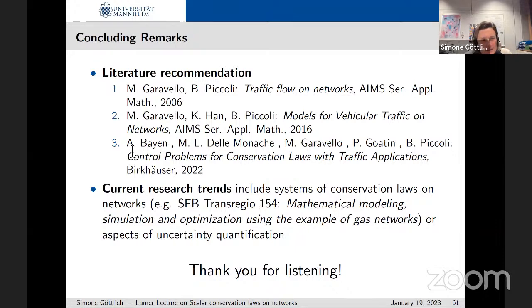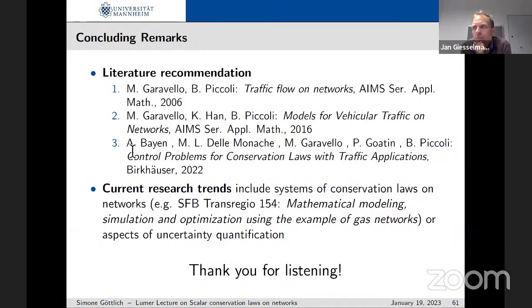I guess that it's still possible, and there might be some notes on the procedure in the book by Holden and Risebro on the front tracking procedure. If I remember correctly, they did the total variation estimates in the case of the network. I can check it, I have the book here. But it should work.